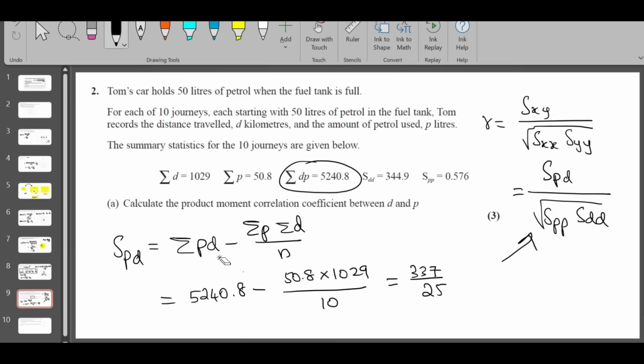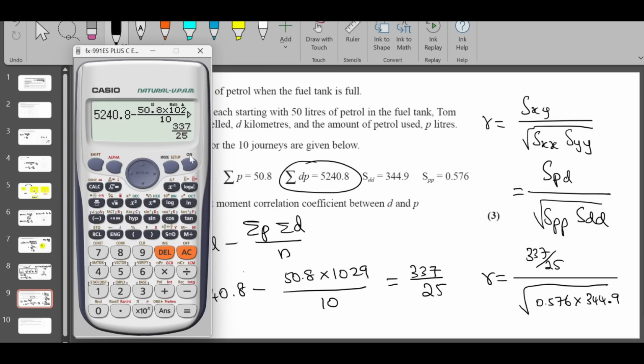Now we can find R already. So R is SPD over square root of SPP times SDD, which is what we calculated, 337 over 25 over square root of SPP is given as 0.576 times SDD is 344.9. So I'm not going to store this value because it's just an exact value. Keep it as it is.